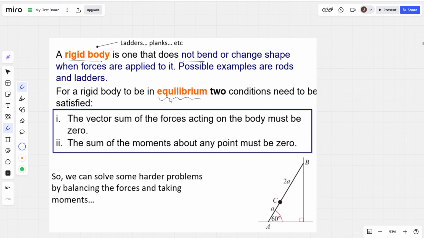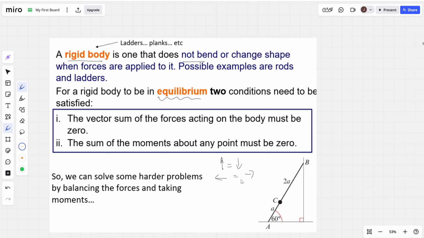Well, equilibrium means the same sort of thing as before, but there's a little bit more to it this time. Okay, so most of the time for us, it's going to mean that we use up equals down and left equals right. Okay, so in other words, the ladder's not floating away or sinking into the earth, and it's not moving away from the wall or moving into the wall.